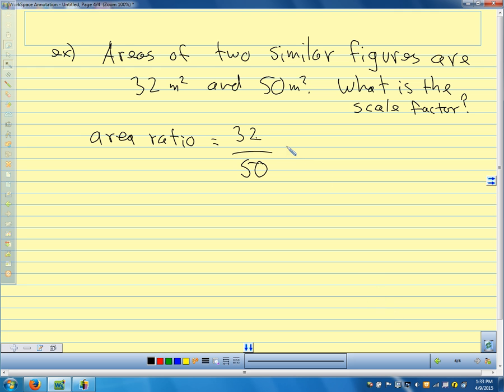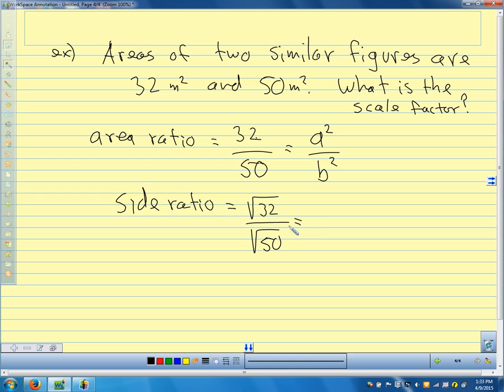And we know this equals a squared over b squared, where a over b is the side ratio. Well, I want a over b, not a squared over b squared. So to undo that square, we take the square root. So the side ratio is the square root of 32 over the square root of 50.